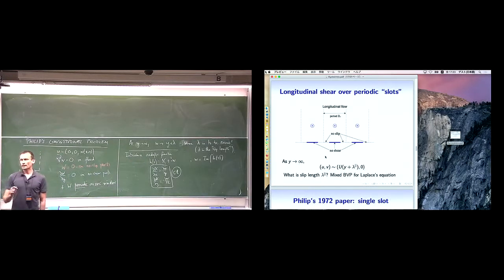So what does that tell us about chi? dW by dy is 0, which means d chi by dx is 0. And the slot is along the x-axis. So d chi by dx is 0 along the x-axis, which means that chi is a constant on the slot.